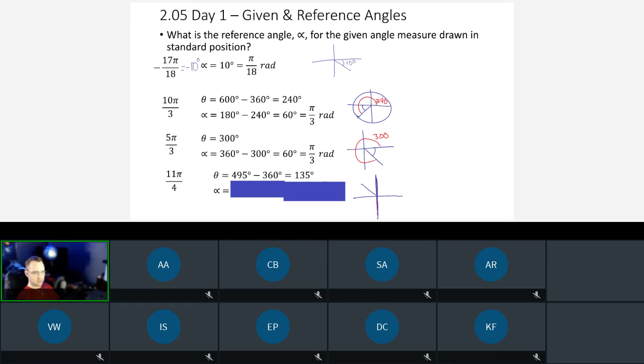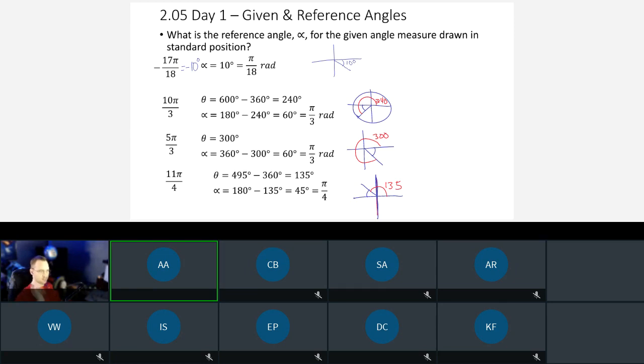And then the reference angle is this angle right here. The given angle is 135, so I'll do it in red. From here to here, that is 135. So if you go back to the formulas from that lesson, the formula to find that blue reference angle is going to be 180 minus that red angle, 135. And that's how we get 45 degrees. Converted back to radians is pi over 4.